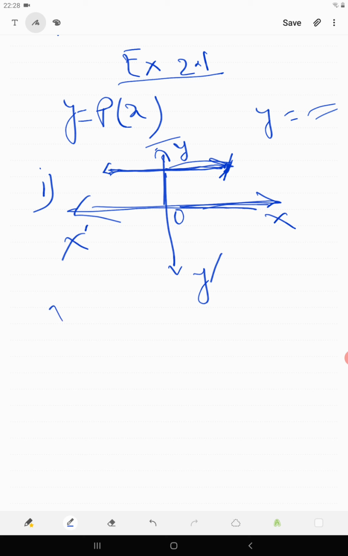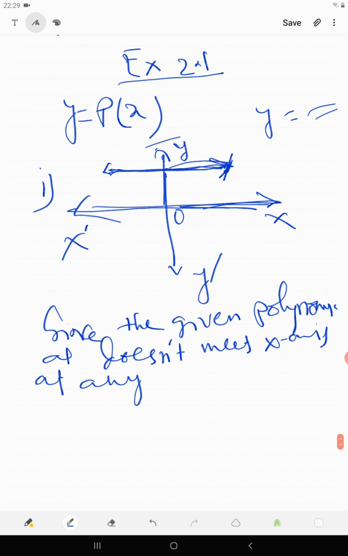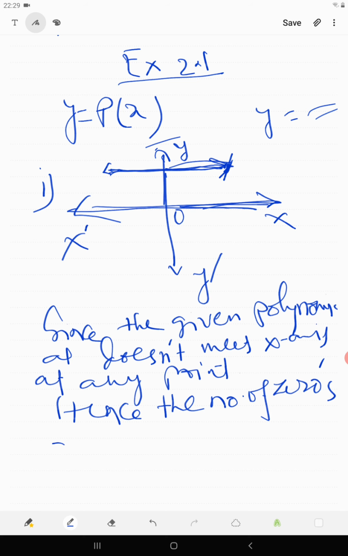So since the given polynomial doesn't meet the x-axis at any point, hence the number of zeros equals 0.